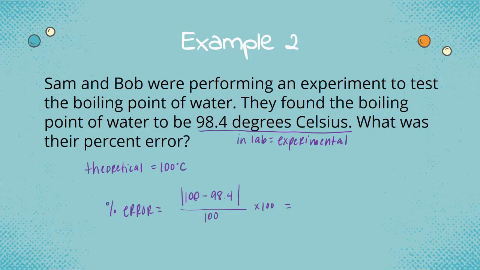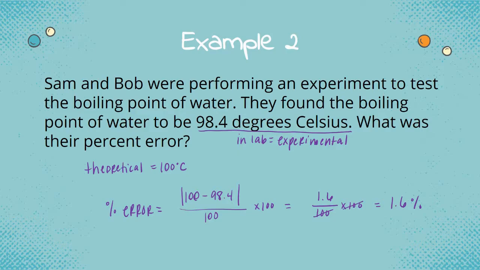So 100 minus 98.4 is 1.6, already positive, so don't have to worry about the absolute value bars. Divided by 100 times 100. Here, my 100s end up canceling. I don't even need a calculator to find out that Sam and Bob got a 1.6% error.